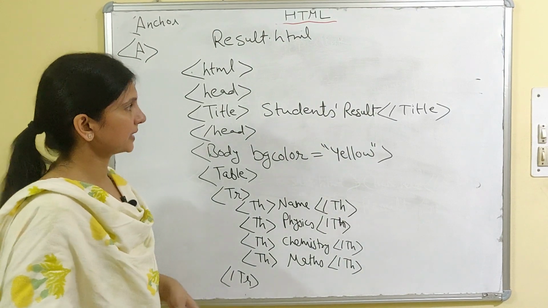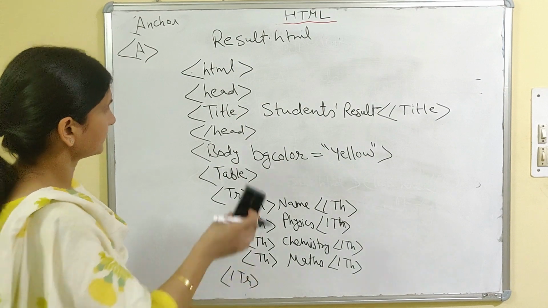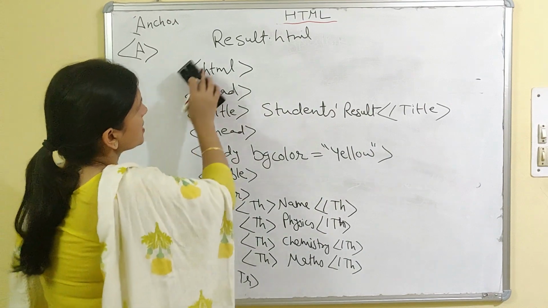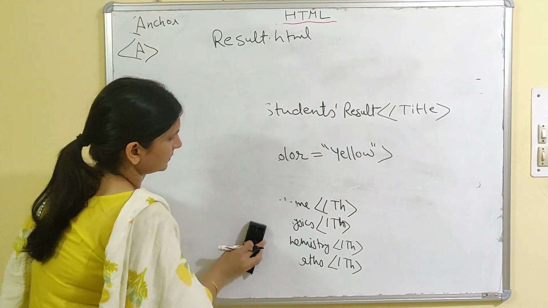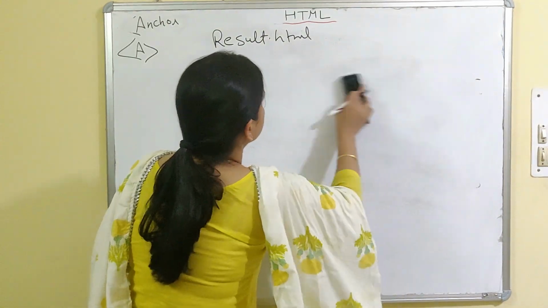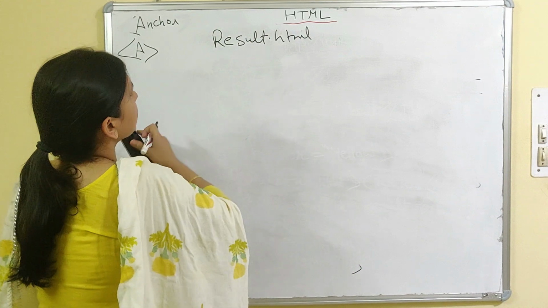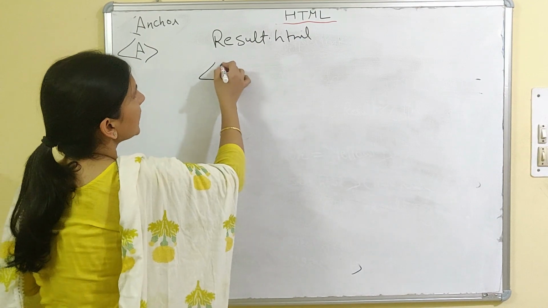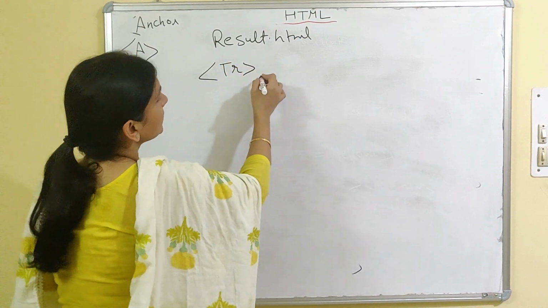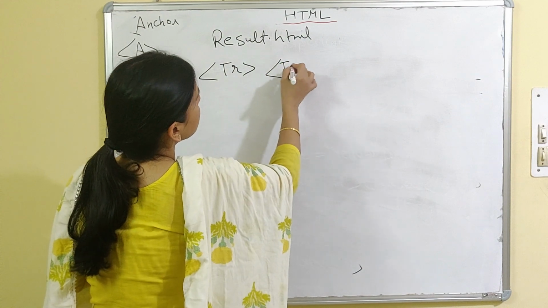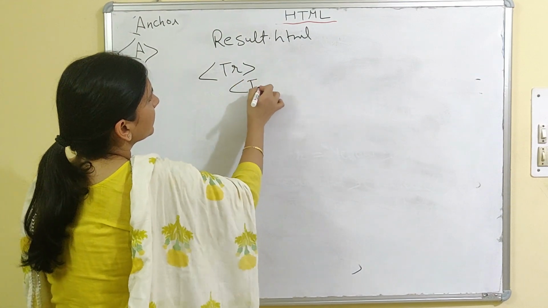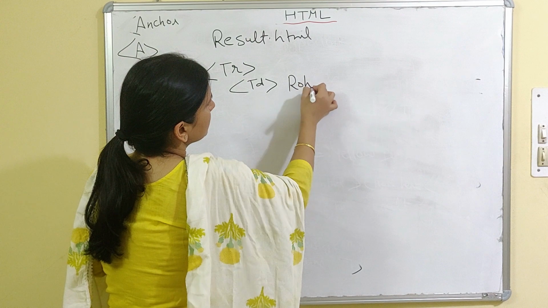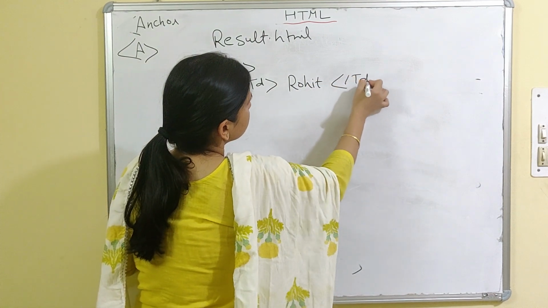Now we will show some data. And how will we show the data? For that I need to rub this, because second row we need to create. So for the second row I will continue, as the space was not there, I will continue that, another TR, TD, name, you can take any name like Rohit, TD.